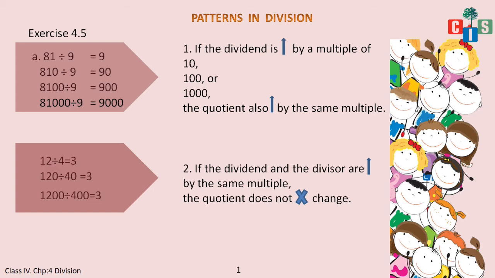Now moving on to the next pattern, I have the example of 640 divided by 20. This is an example of the second pattern. It has 0 in the dividend and the divisor, so we will cut both the zeros and perform the division. So it will be 64 divided by 2, and that will give you 32.